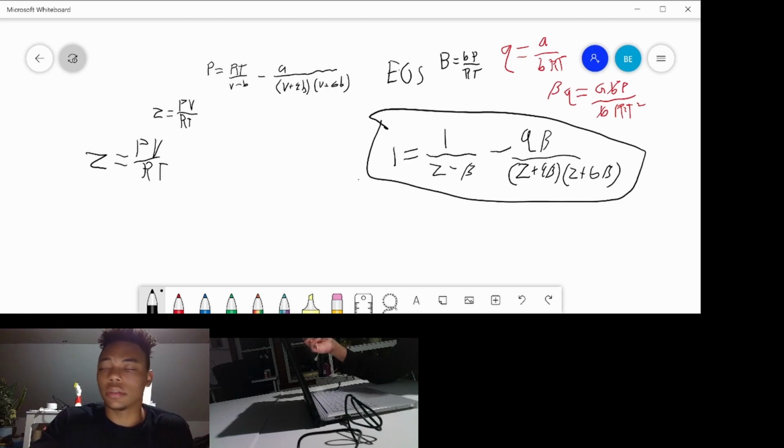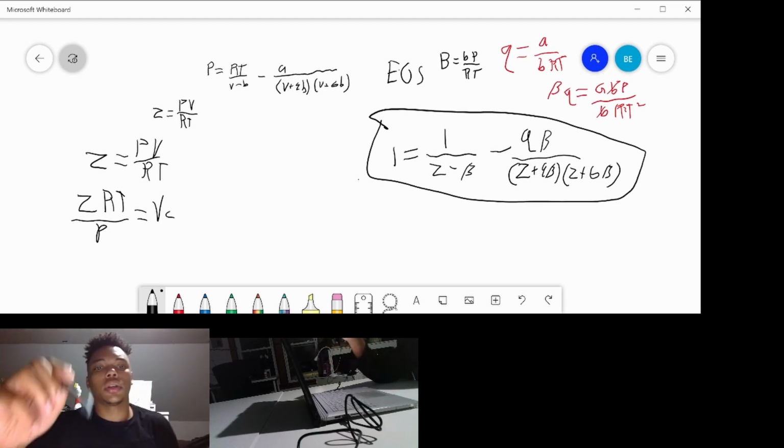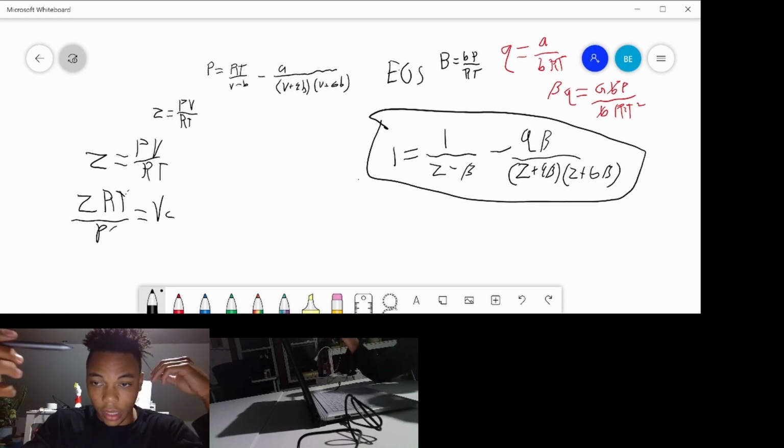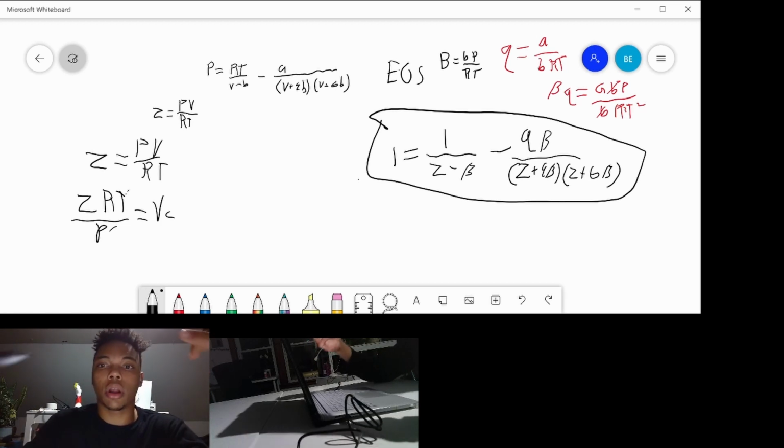So let's say we're trying to find our specific volume. That means Z times RT over P is going to be the specific volume. So if we can find just our temperature and pressure, and we know our compressibility factor, and we know our critical temperatures, and we know our roots, we'll be able to find our volume at a specific volume.